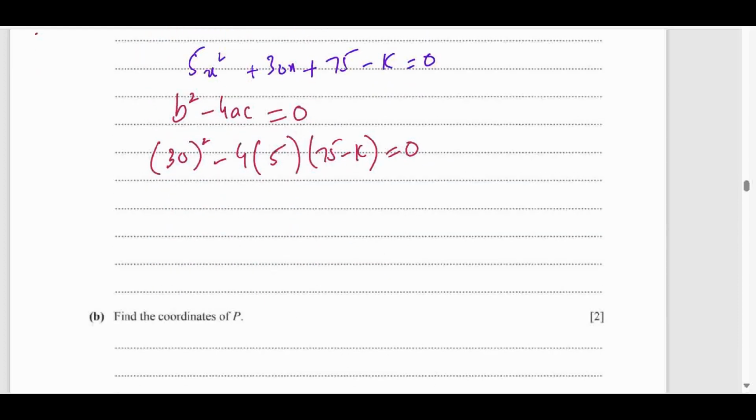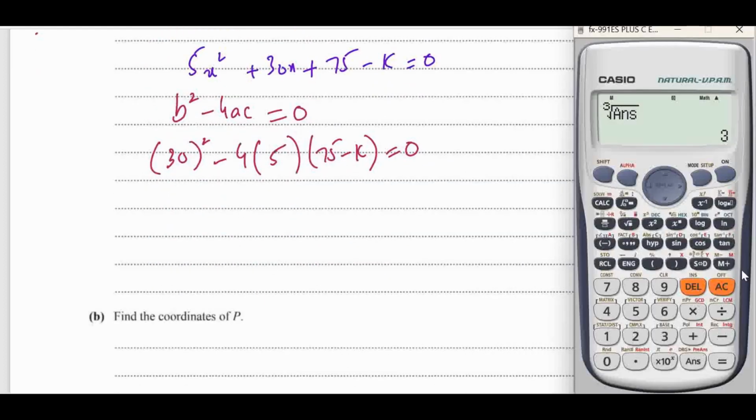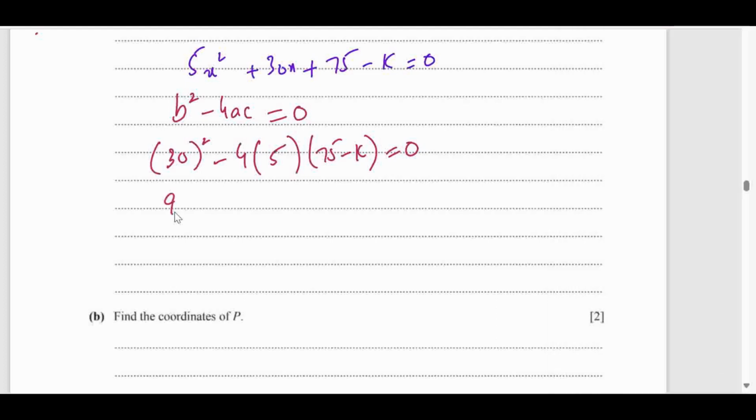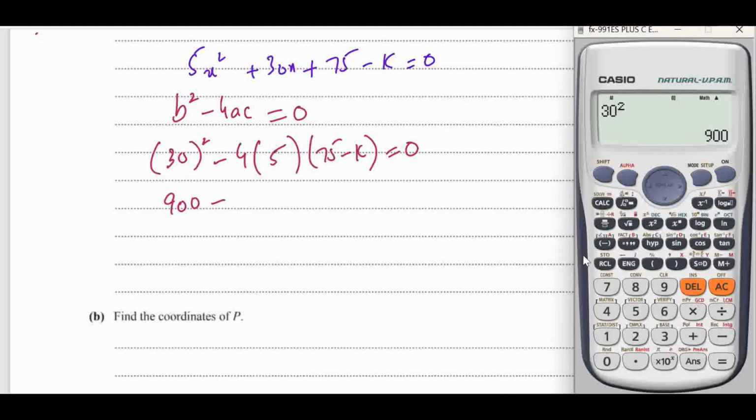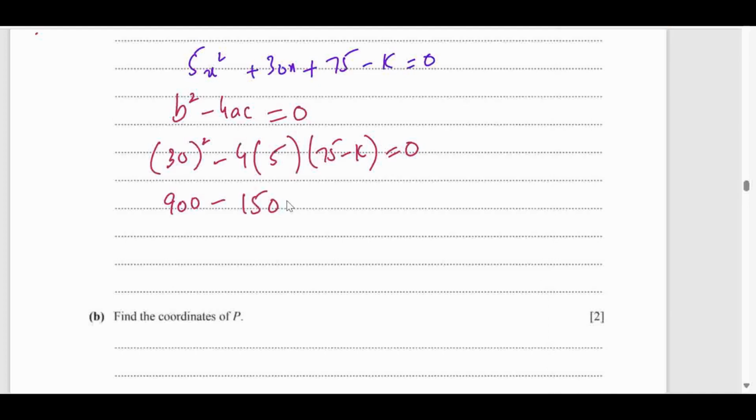Now 30 square will be equal to 900. So 900 minus 4 fives are 20, and if we multiply it with 75 we will get 1500, minus 1500 plus 20k is equal to 0.